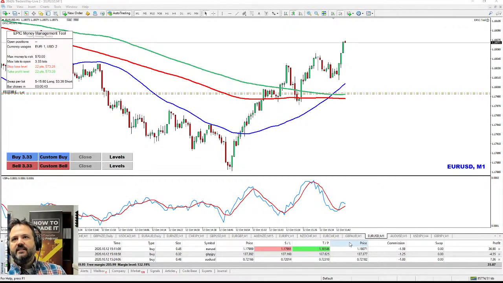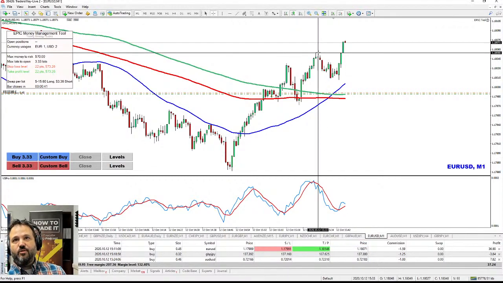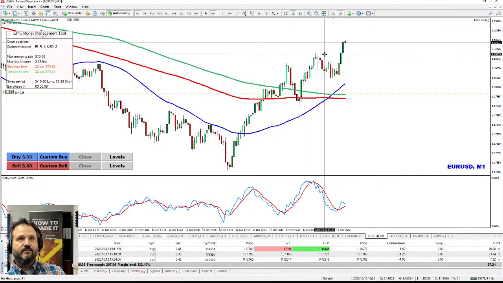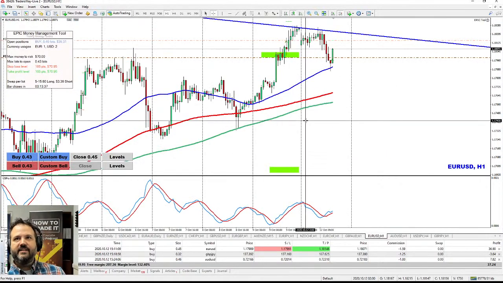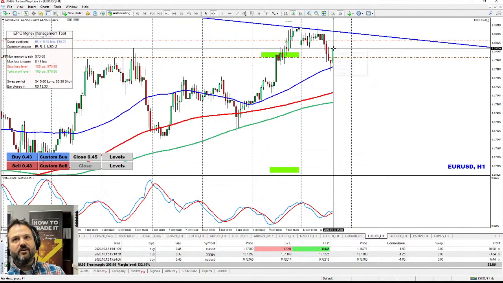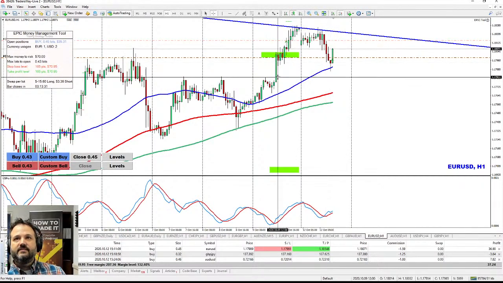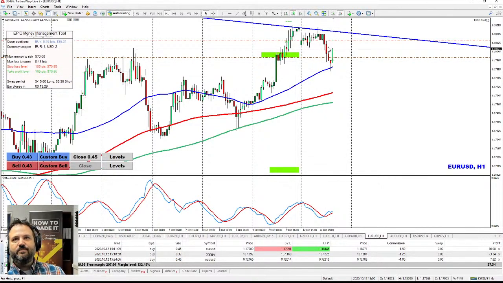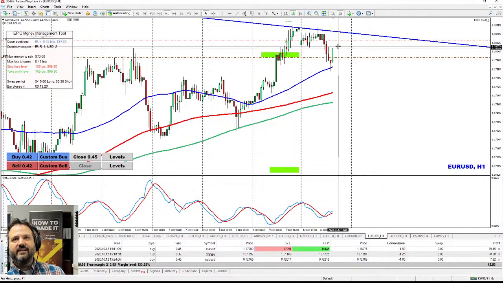Okay, so Euro just broke a new high. Let's take a look at it on the hourly time frame. So that's a nice hourly bar. Like that's a nice looking bar. Still has this little level right here.